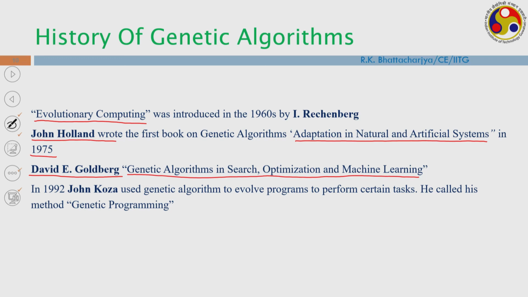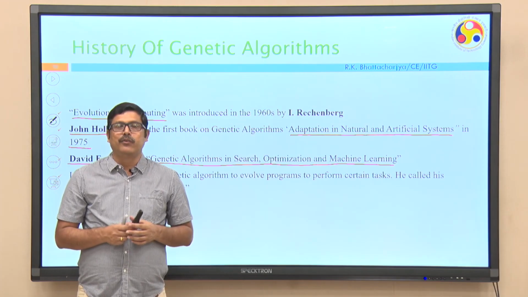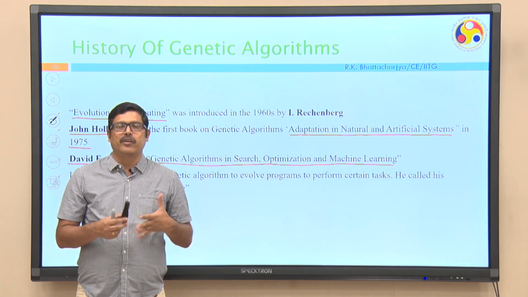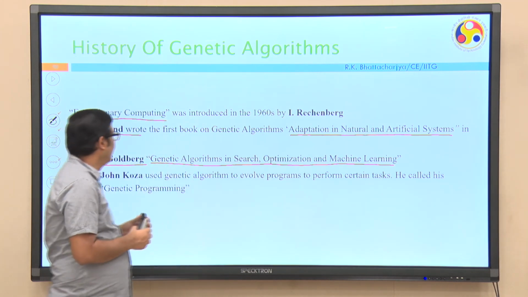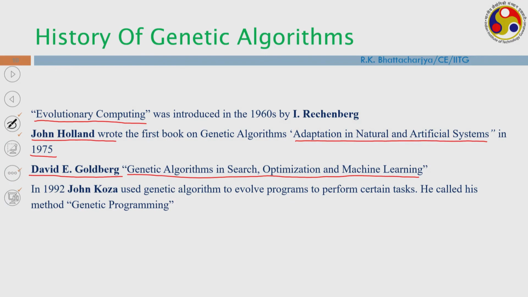I think it was one of the most popular books at that time, and he used genetic algorithm in solving different complex nonlinear optimization problems, and finally he could establish genetic algorithm as a powerful optimization technique. And after Goldberg, many people have used genetic algorithm in solving complex optimization problems.